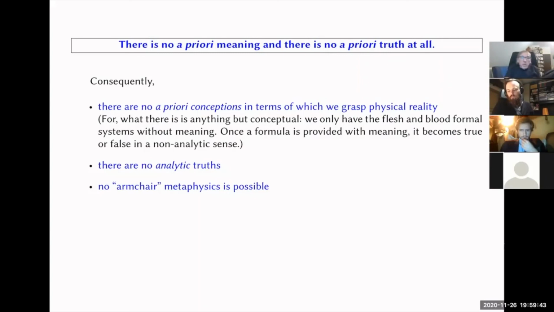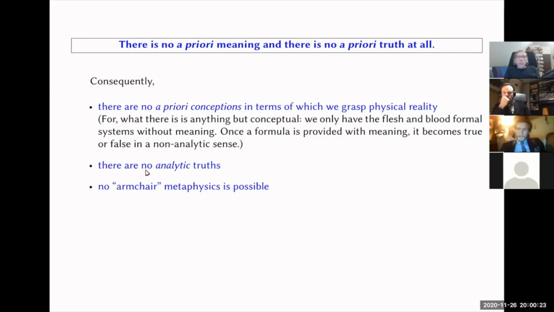Once this meaningless sign is endowed with meaning, then immediately it will have some reference. The sentences of the formal system will have meaning, and at the same time will be true or false. But according to the previous claims, this truth and falsity is not a priori, but a posteriori.